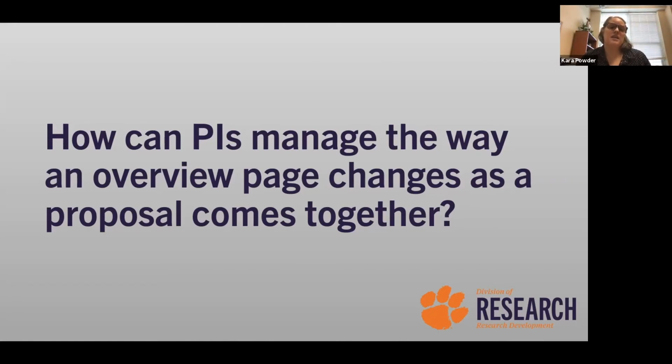I tend to put hypotheses and aims headings from the proposal within the specific aims to provide that detail. So as I'm tweaking the wording of a hypothesis within the main document, it is getting copied and pasted into that specific aim. So it very much is happening as the proposal is changing, at least for me. That's my style of writing for it.